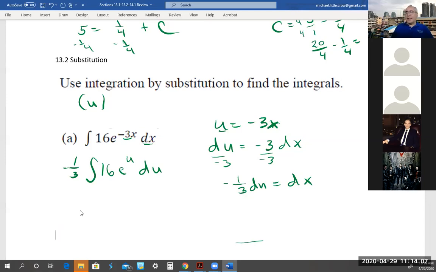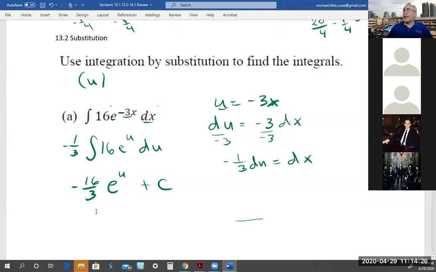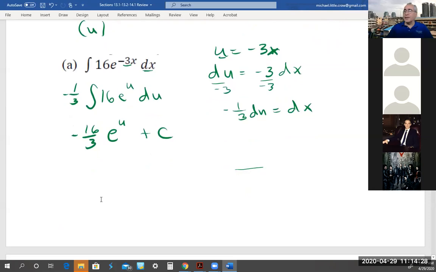And now I just need to integrate e to the u, which is e to the u. 16 is a constant multiplier, so is 1/3, so I end up with negative 16/3 plus a constant. And then the last thing I need to remember to do is to back substitute for u.